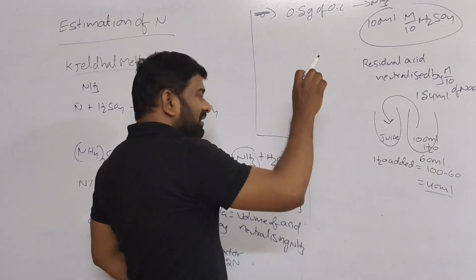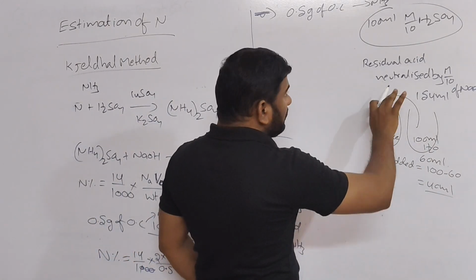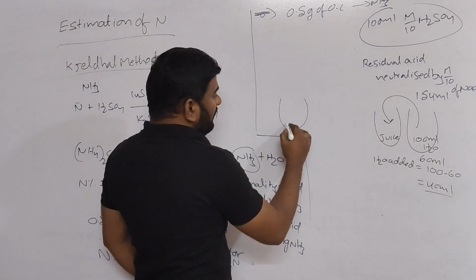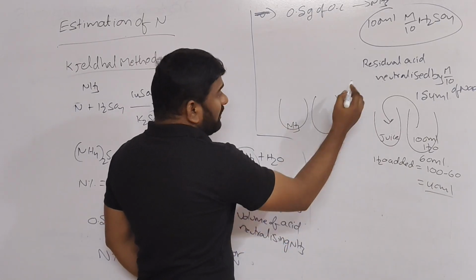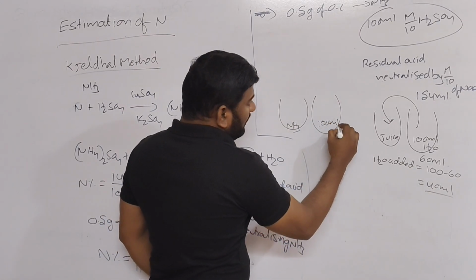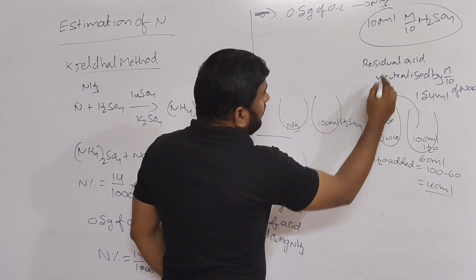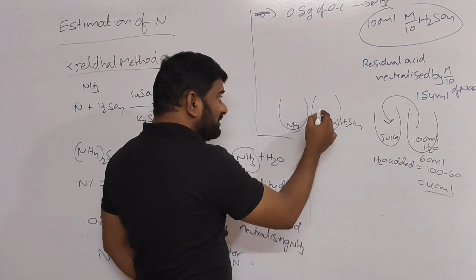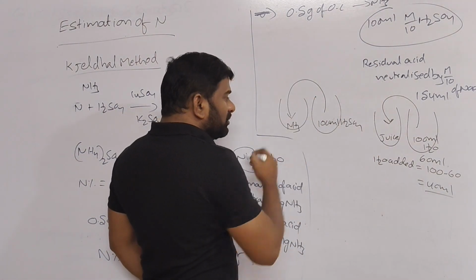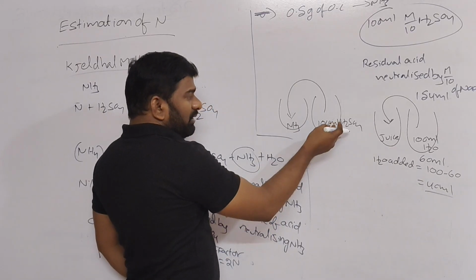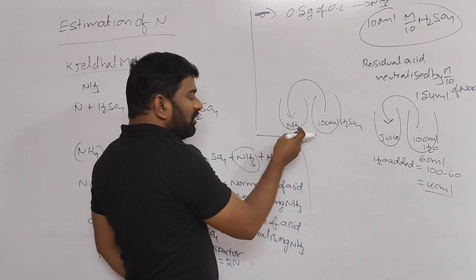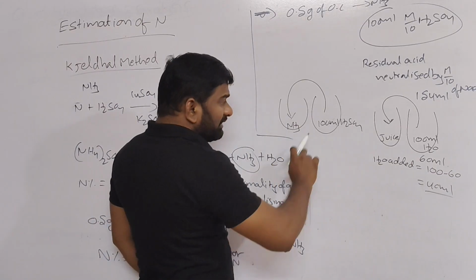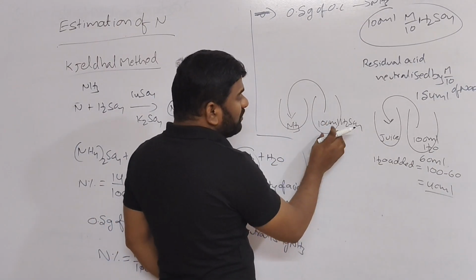The same method you have to apply here. Suppose NH3 is there. To neutralize this NH3, 100 ml of H2SO4 is given. From this, some amount neutralizes the NH3, and after adding only some amount, it gets neutralized. The remaining volume you have to calculate.